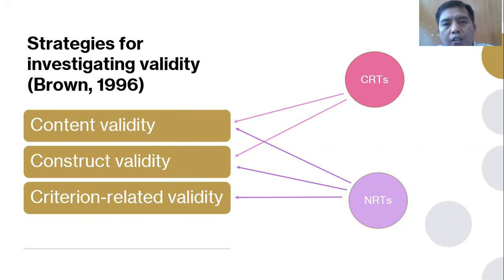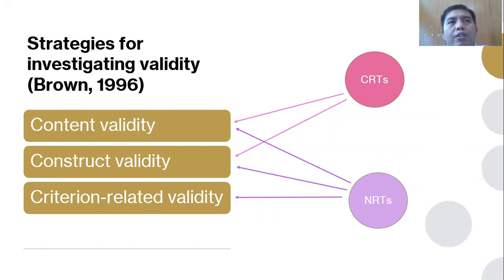So if you recall the difference between CRTs and NRTs, it is that NRTs are designed to produce a normal distribution of scores, while in CRTs the scores may be skewed either positively or negatively.